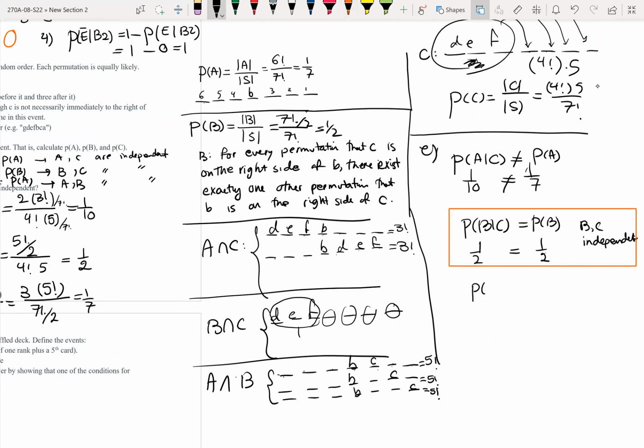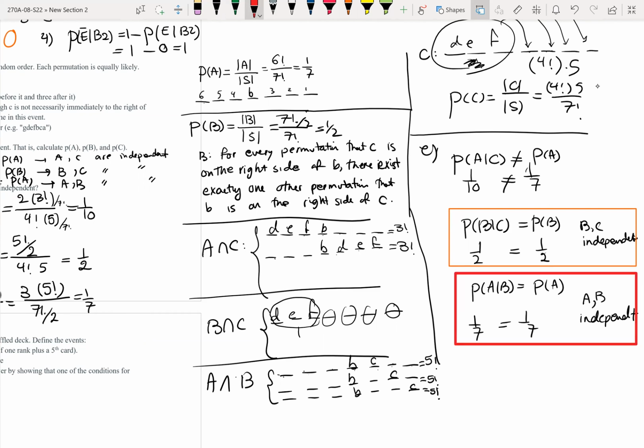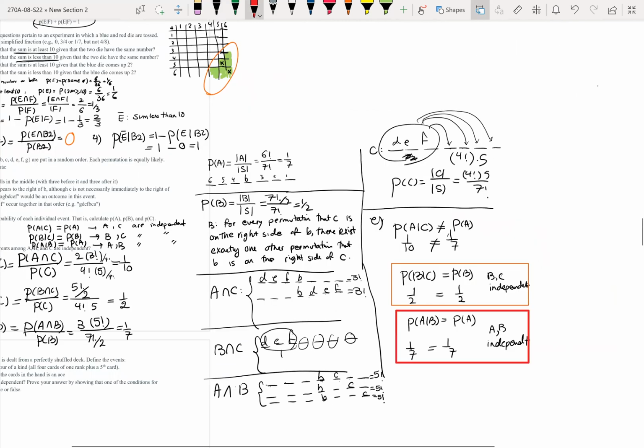The probability of A given B is 1/7, and the probability of A is also 1/7. So A and B are also independent. That is interesting. Let me check one more time what A and B are. A is the event that says B is in the middle.